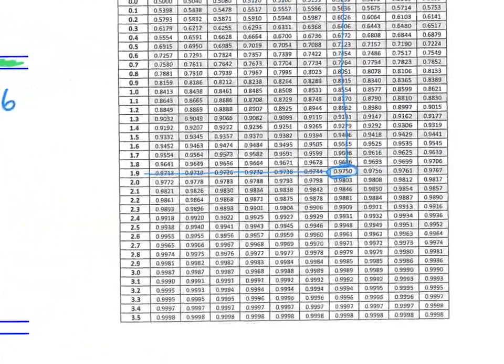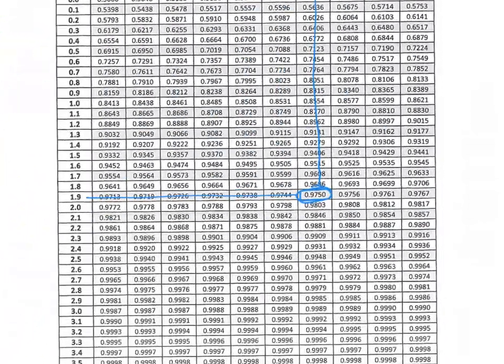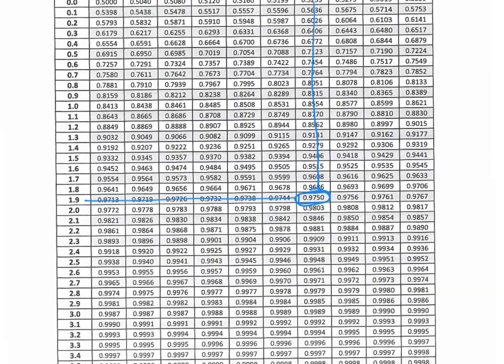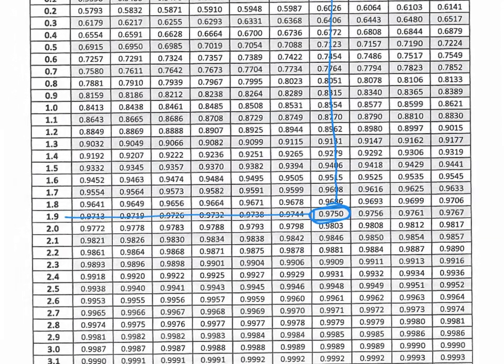So 0.9 is not there, but you have two numbers that are pretty close. What are the two numbers that are close? These two, right? So you can pick this one or this one, either one. So the closest one is actually the 0.8997. But if you pick the other one, it's fine too. That one corresponds to what?